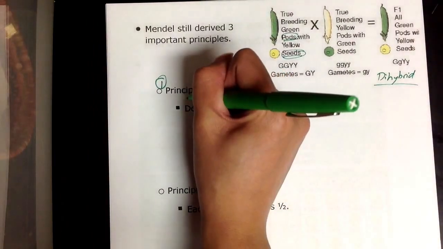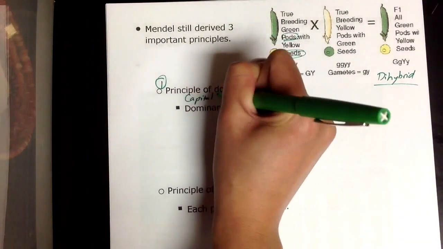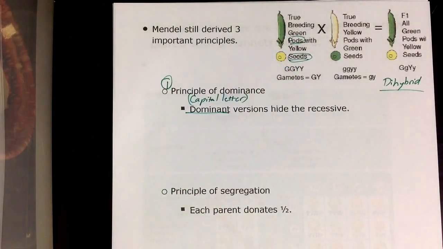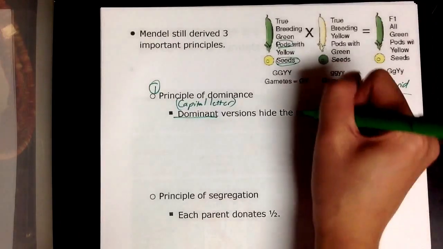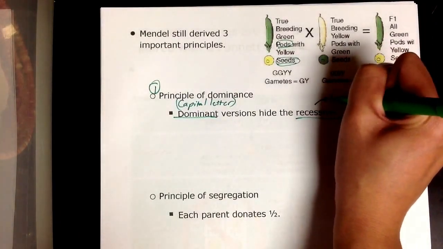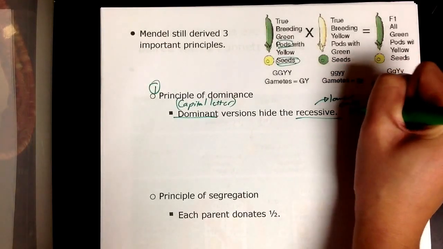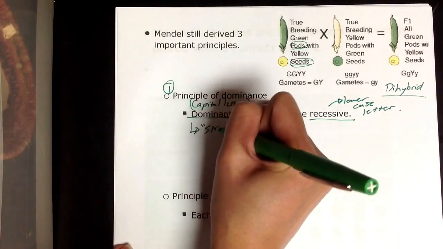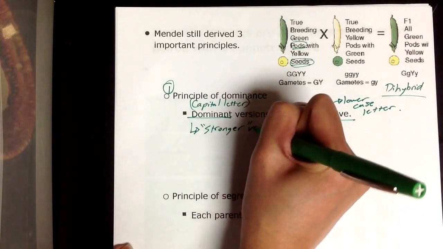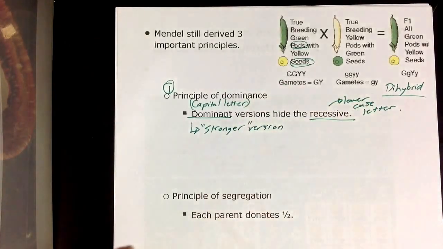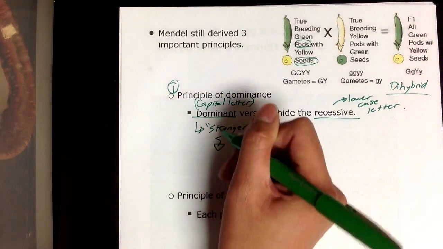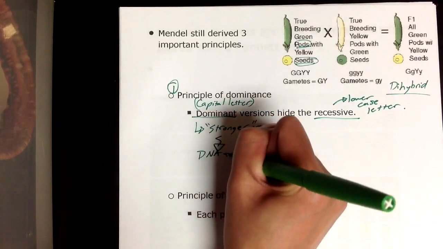Your dominant version is always going to be a capital letter. The allele is going to be represented by a capital letter. The dominant version is going to hide your recessive, and this is always going to be your lowercase letter. The dominant you can think of as the stronger version. And really what the allele is representing is a DNA sequence.